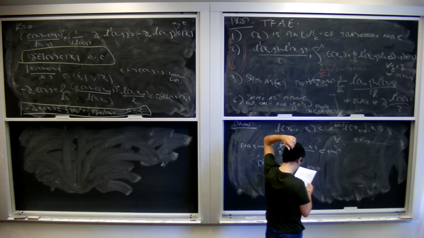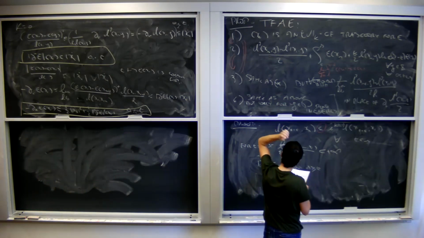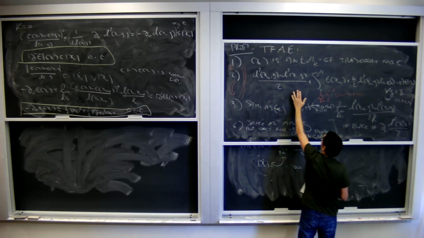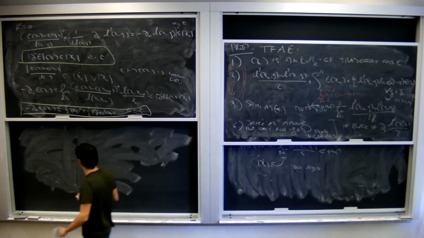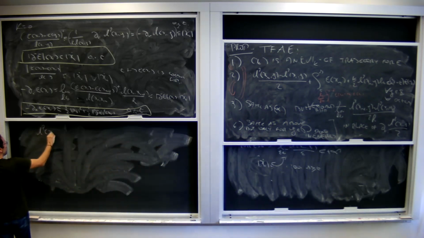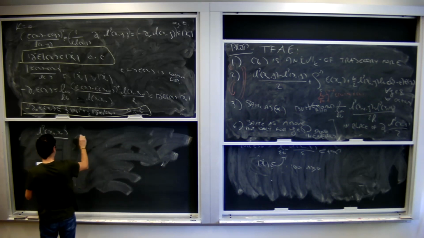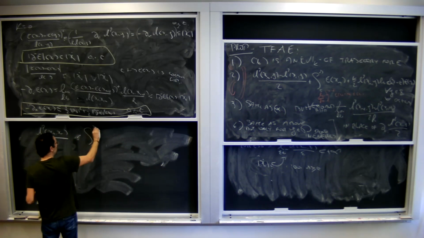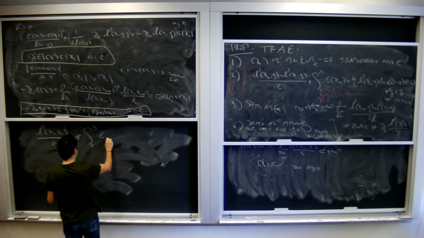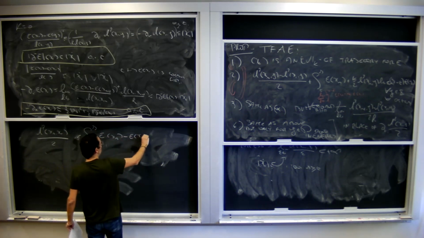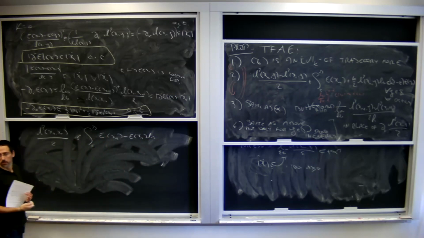What do you pick? Pick y equal to xt in this. And you get the distance squared between xs and xt divided by 2 plus, actually it's less or equal, then the integral from t to s of the energy of xs minus the energy of xr in dr. Case 0, so the term with the k drops.